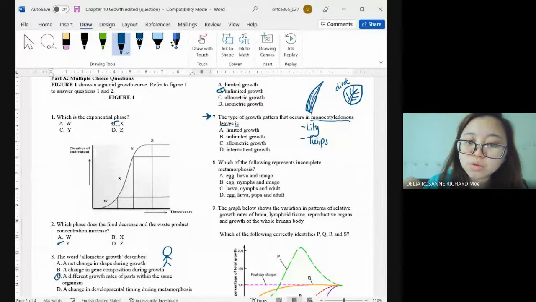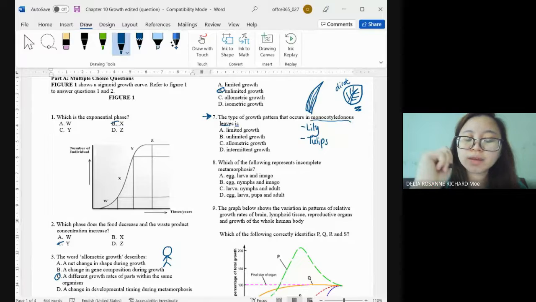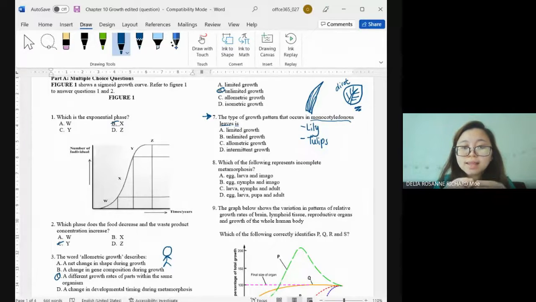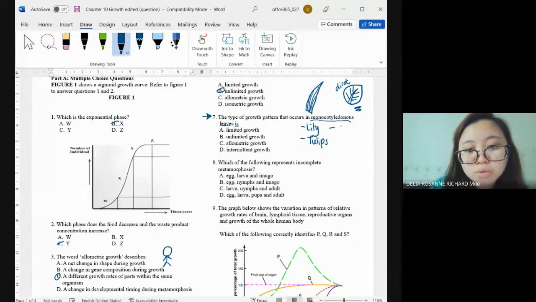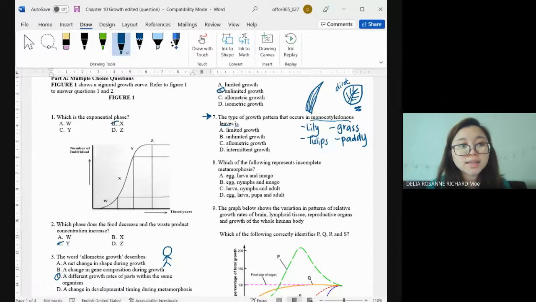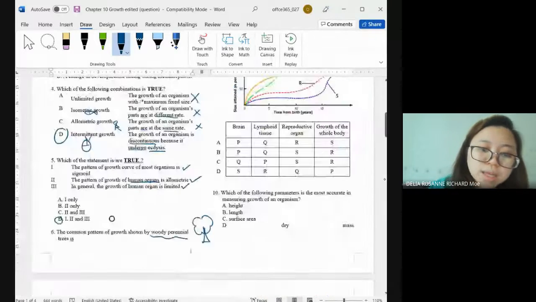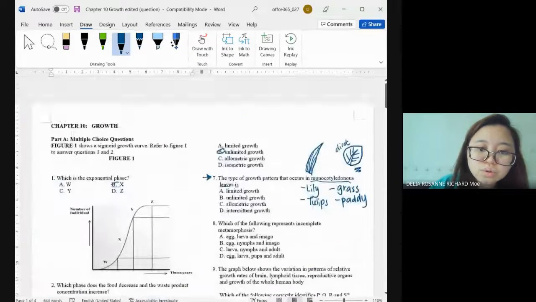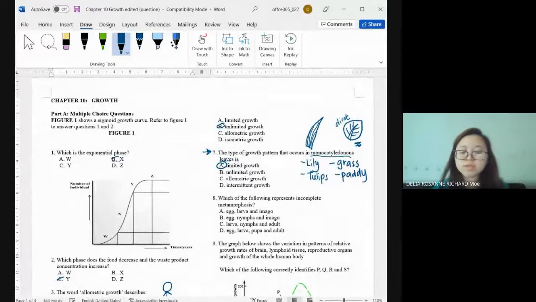So kalau ini adalah untuk pokok-pokok besar, monocotyledonous adalah untuk yang tumbuhan yang dahan dia lembut-lembut. Batang dia lembut. Macam segala rumput-rumput, paddies, kebanyakan sayur-sayuran. Okay, not all. Some sayur-sayuran. Okay, so those are things with limited growth. So answer for number 7 is A.